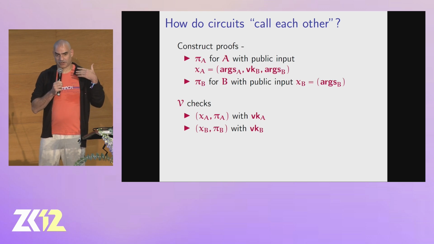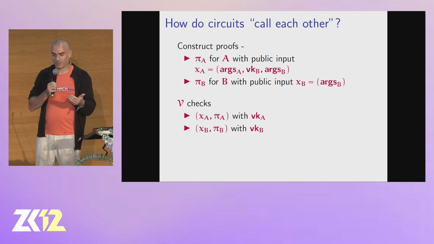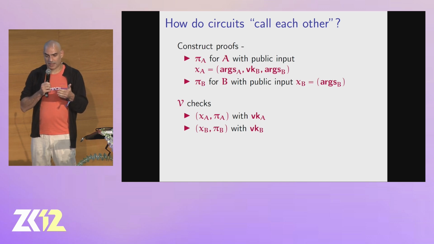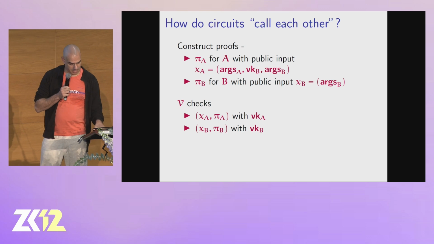We'll have the verifier also check proof pi B with verification key VKB and public input XB.